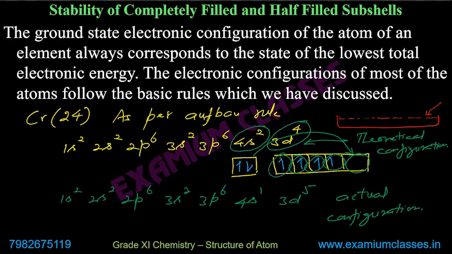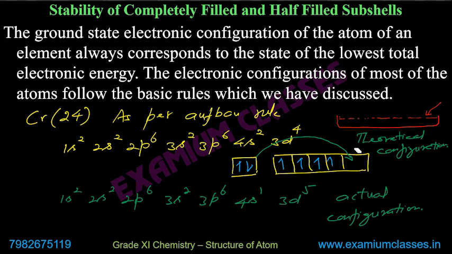Sir, so one pending box of d orbital takes one electron from the s orbital. Yes, from s orbital. So that's why this arrow there. I have drawn this arrow just to explain that one electron moves from here to here.